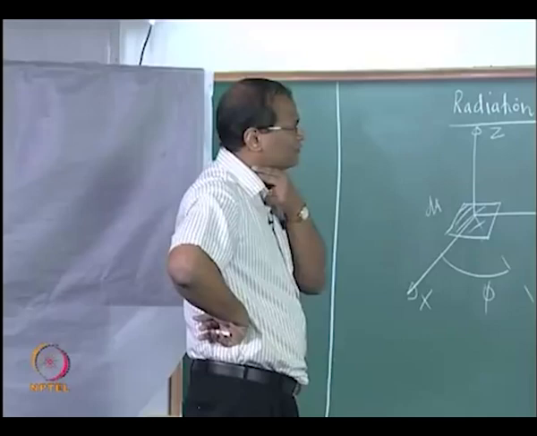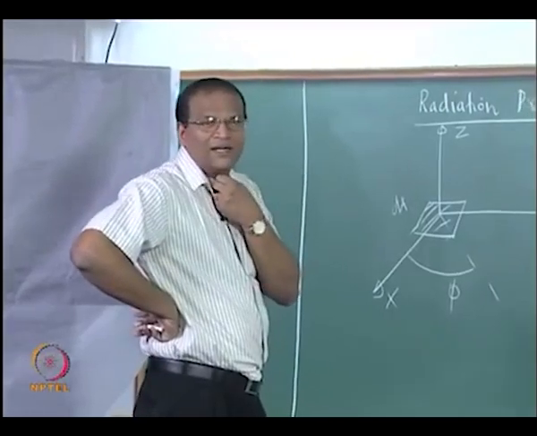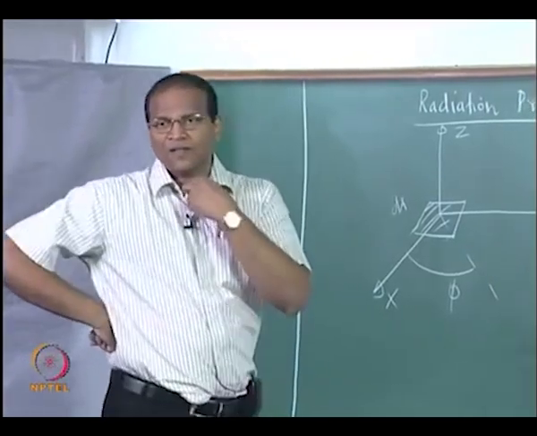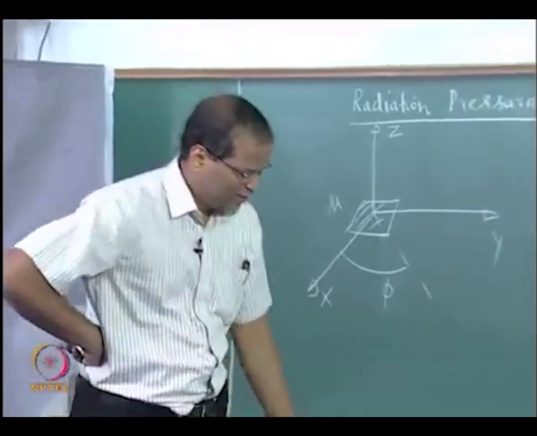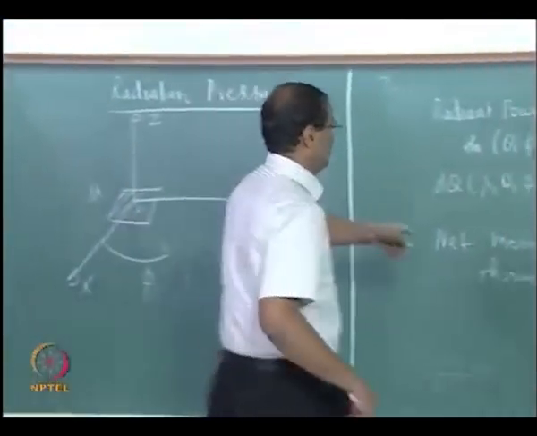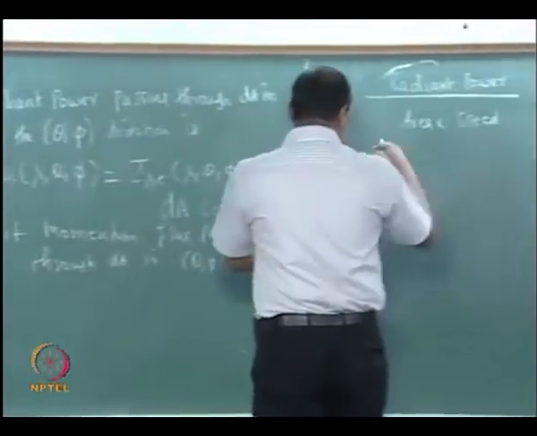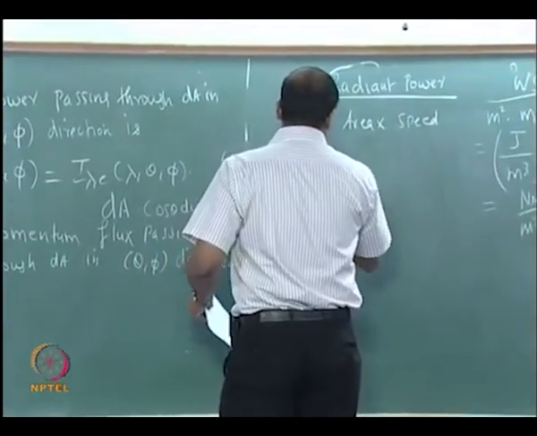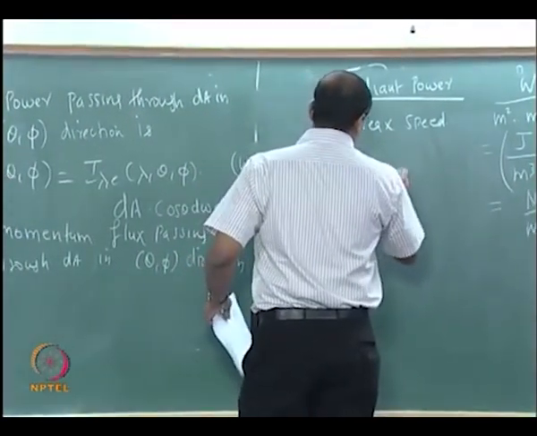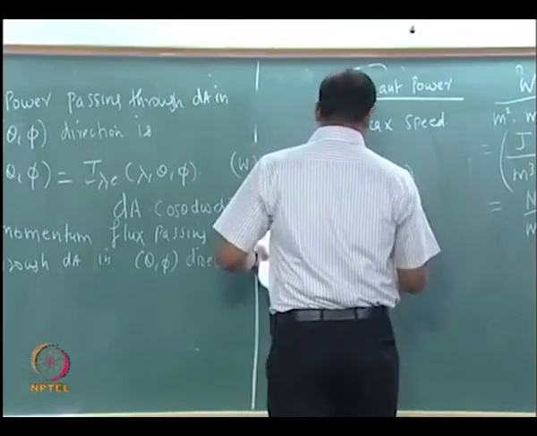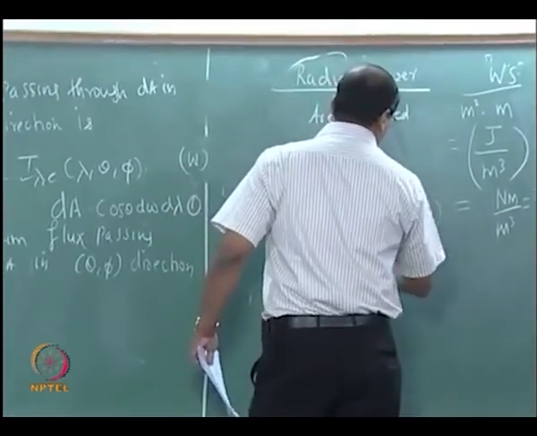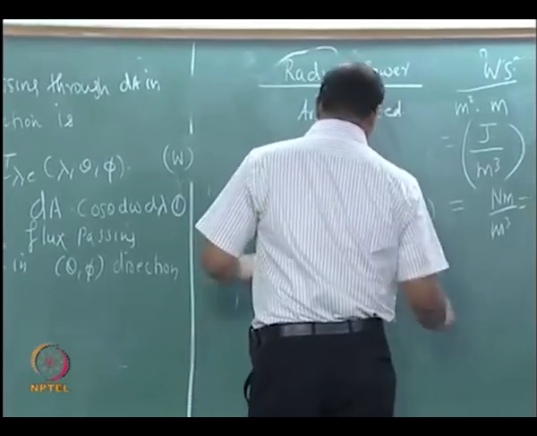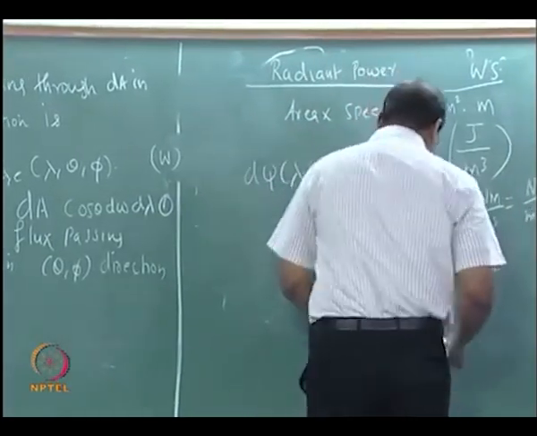So the net momentum flux can be figured out by taking the radiant power and dividing it by area into the speed, okay. Can you do that now? So can I say d psi of two, okay.